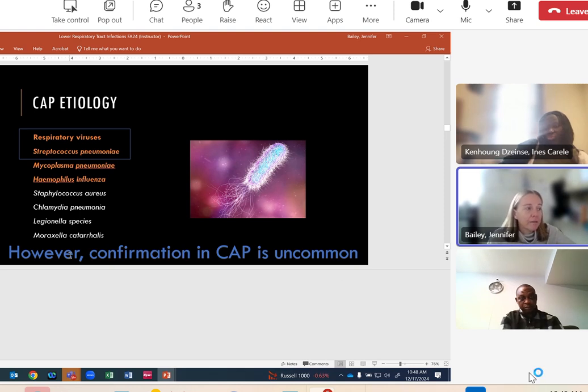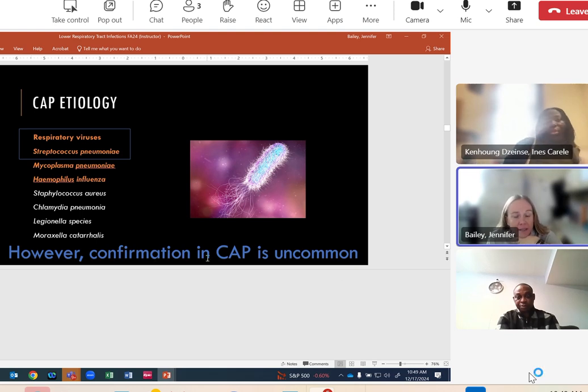So it's a combination of gram-positive bacteria like Streptococcus pneumoniae and Staph aureus, as well as some gram-negative bacteria like Haemophilus influenzae and Moraxella. And then there's some atypical bacteria like Mycoplasma pneumoniae, Chlamydia pneumoniae, and Legionella. Okay, so it's a combination of gram-positives, gram-negatives, and atypical bacteria that are most associated with causing community-acquired pneumonia.